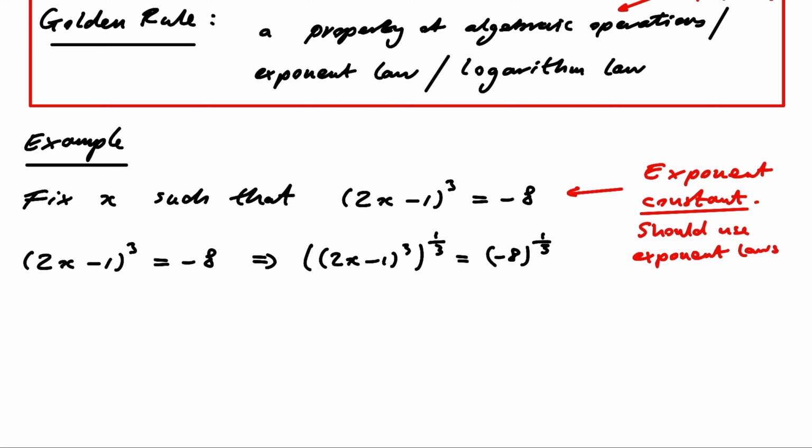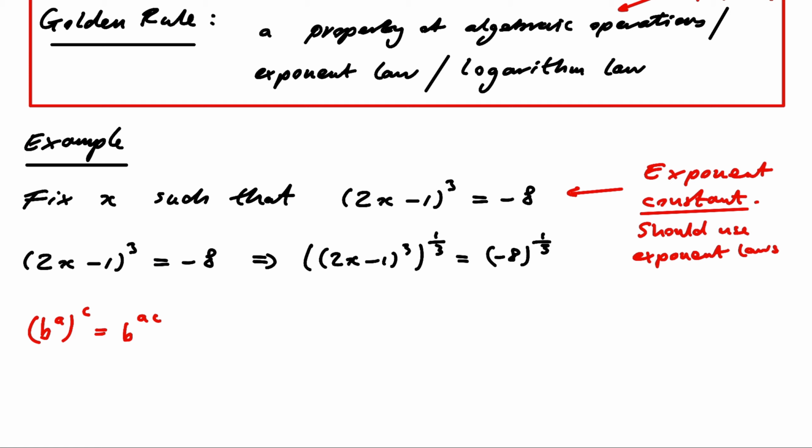Next, what do I know? Well, at this point, taking the cube root, one of my laws of algebra says the following. It says that if I take b to the power a to the power c, then this is equal to b to the power a times c. This is the reason I'm taking a cube root, because if I multiply 3 by a third, I'm going to get 1, and anything to the power 1 is just equal to itself.